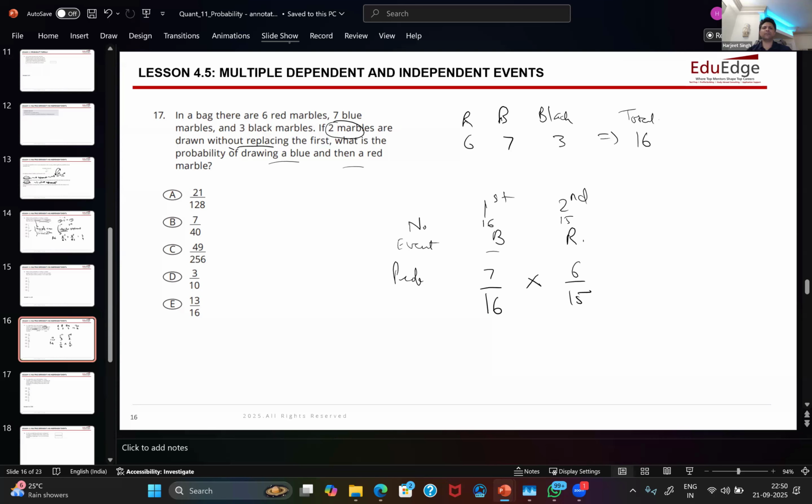The multiplication of these two will be your answer. Wherever there's an and, we multiply, especially when combining two different outcomes. So 7 by 16 into 6 by 15, which simplifies to 7 by 40. So this is a problem without replacement.